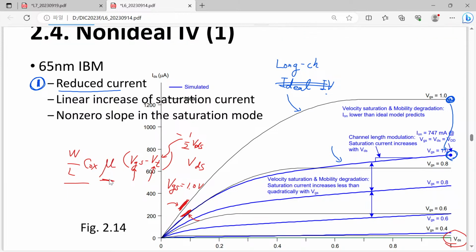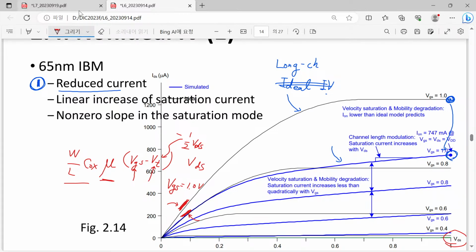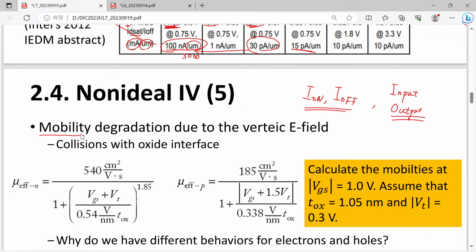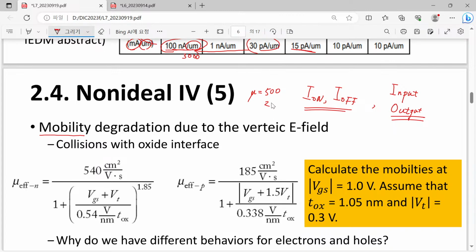That's the reason why my today's lecture starts from mobility degradation. Usually, when we consider the ideal long channel characteristics, we just consider mobility as a constant, for example 500 or 200.